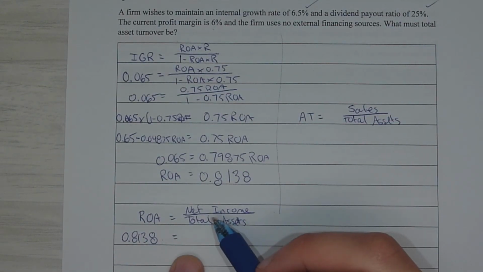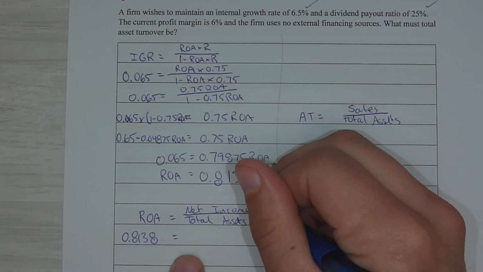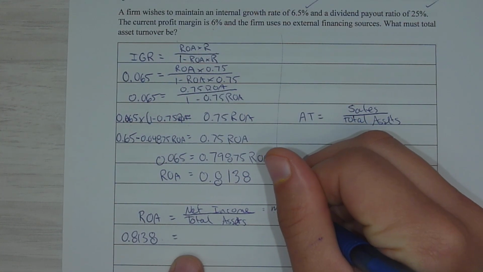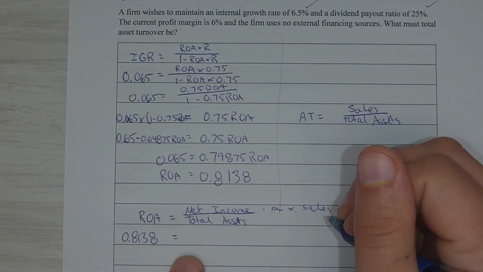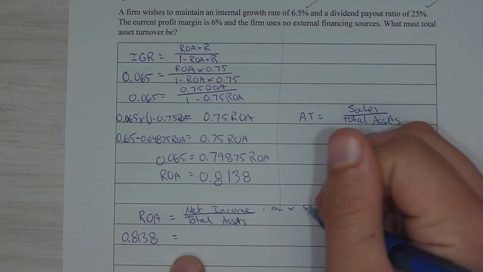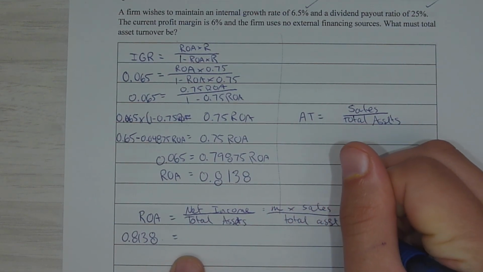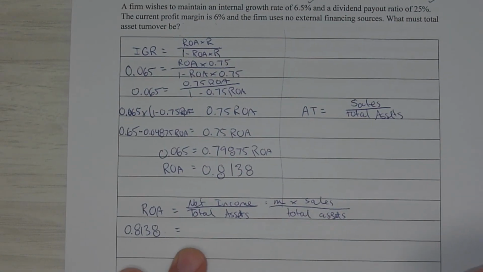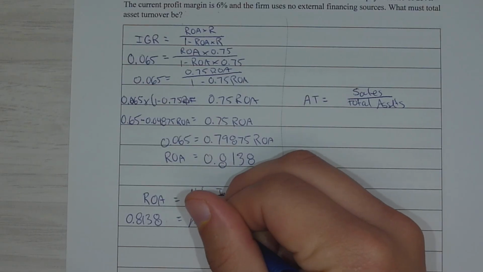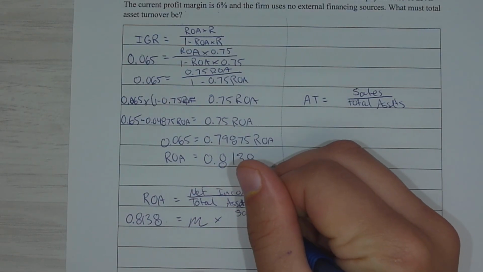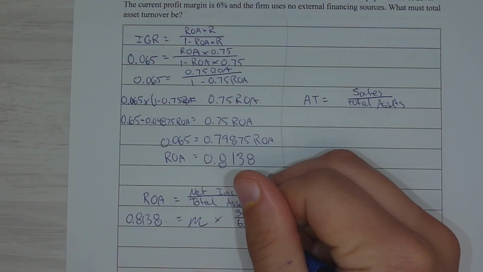We'll call our profit margin M. So net income is M times sales, divided by total assets. We can rewrite that as M times sales divided by total assets.